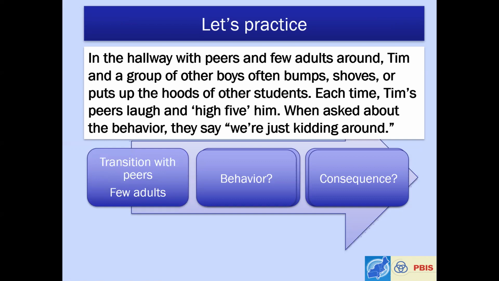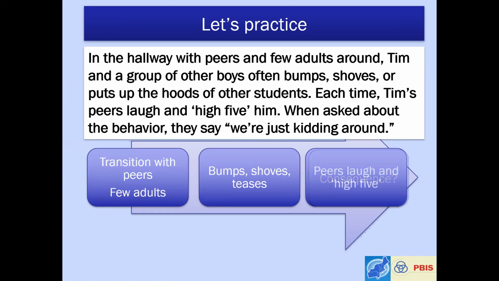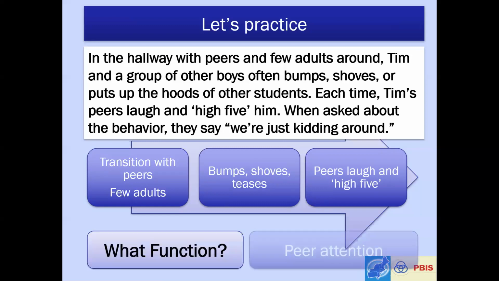They're bumping, they're shoving, and other forms of horseplay or teasing. Right. And what's the consequence? Well, it sounds like Tim and his friends get a laugh or other types of social attention from their peers. So what do you think is the presumed or likely function here? It seems like they're trying to get that attention from their peers. Right.